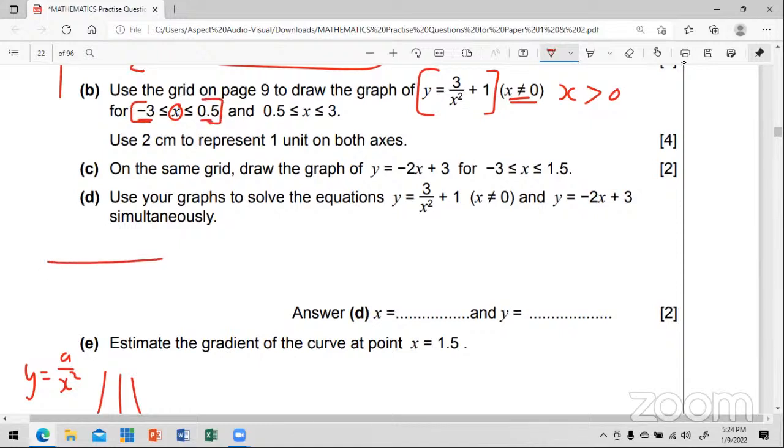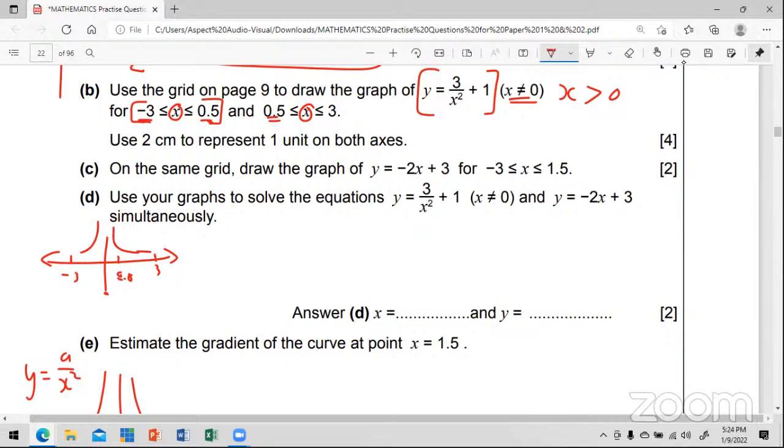So your x-axis can only be from -3 up to 0.5. So most probably your 0 would be here. Are we following? And your x for the other side, because remember you've got two of them, is now from 0.5 to +3. You see how you should be able to read that language.